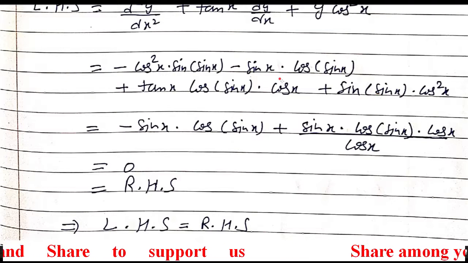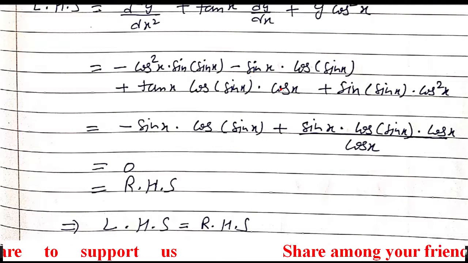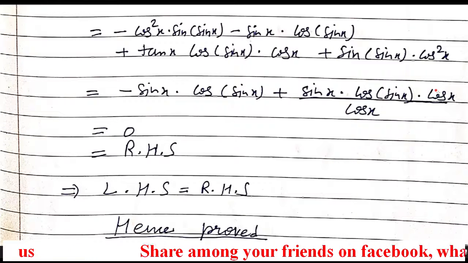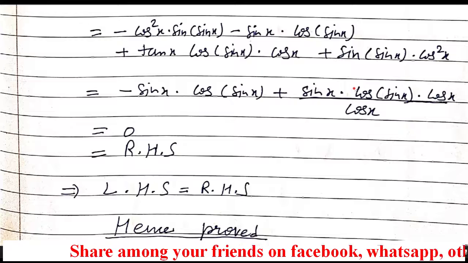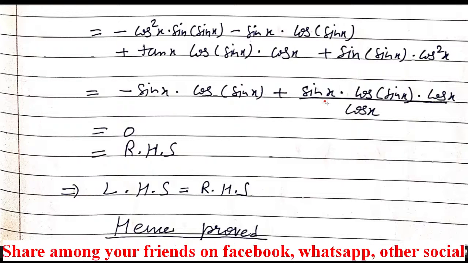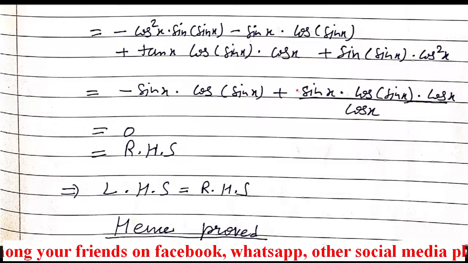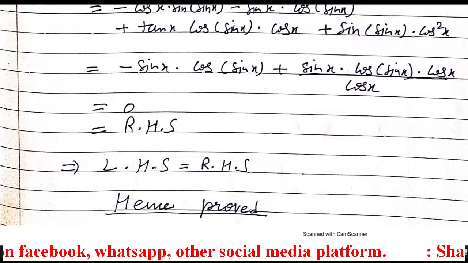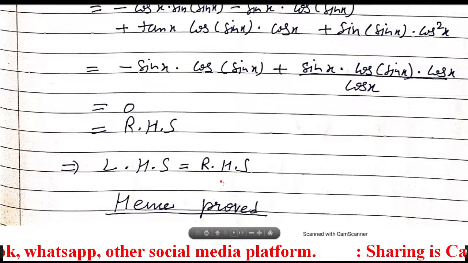These two terms are already removed. Only two terms remain. Now this cos x and this cos x will also cancel each other, and whatever remains are opposite of each other, like terms with opposite signs, so they will cancel and become 0. So that is our right hand side, and so left hand side equals right hand side, hence proved.